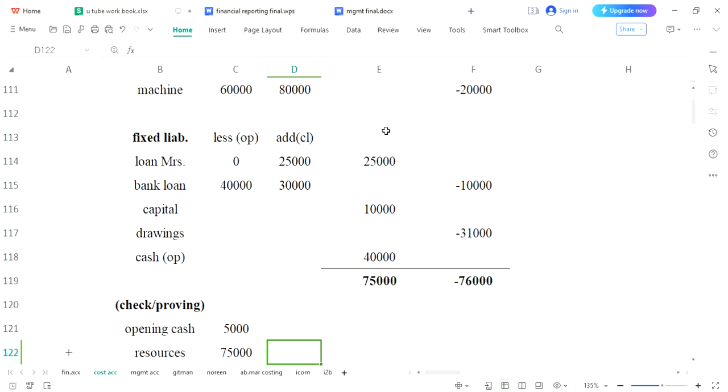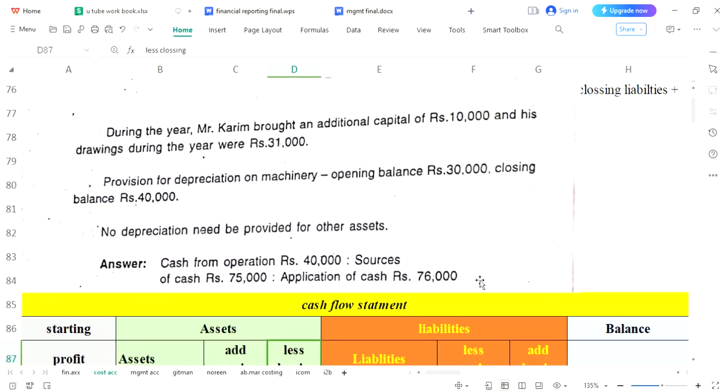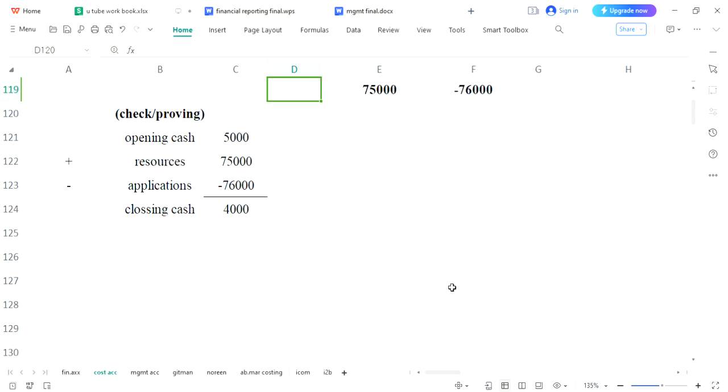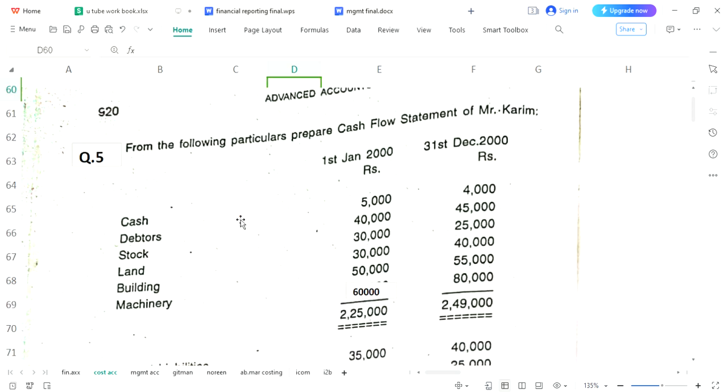Finally, you have calculated the sum of all resources and the sum of all applications, 75 and 76, and you can see that sources 75, application 76, and you have proved and checked your answer as well. These resources and applications were adjusted on opening cash, and automatically we have got the same closing cash which was given in your question. So in this way our question has ended.